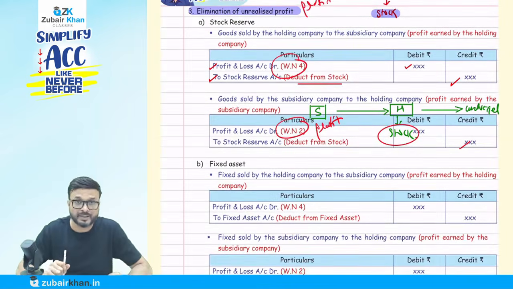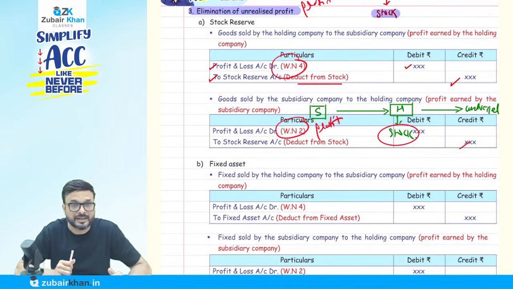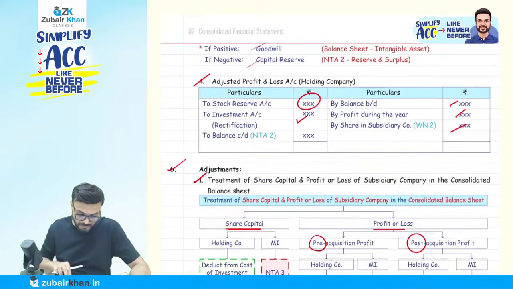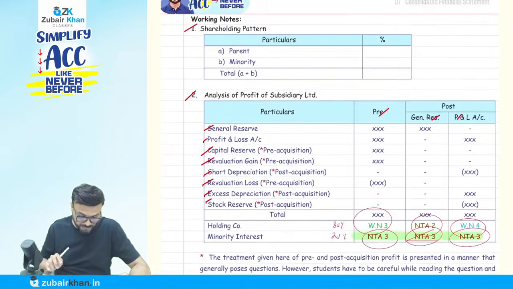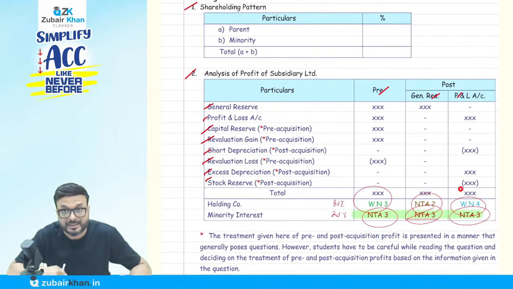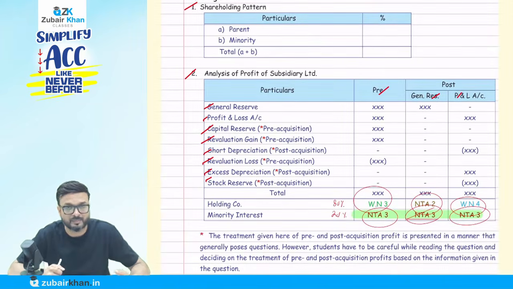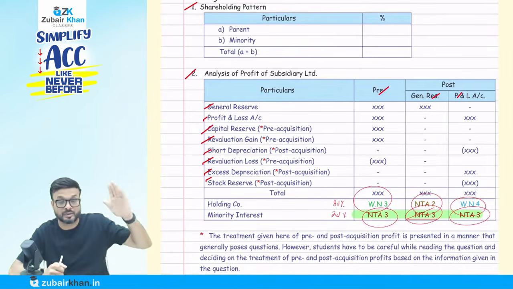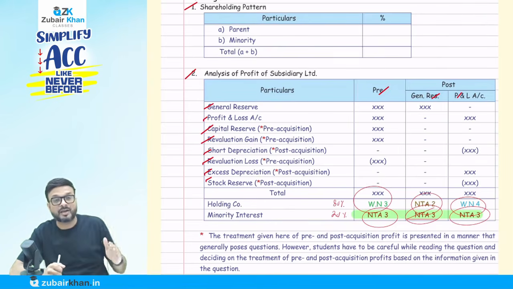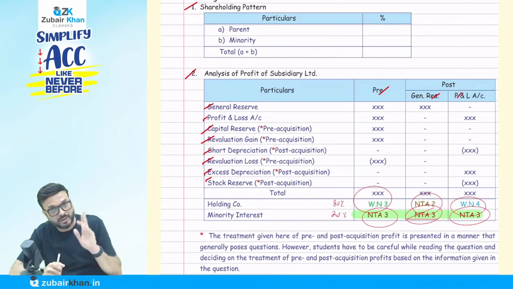But generally people ask where it will come, pre-acquisition or post-acquisition. The stock reserve generally comes in the post-acquisition, not pre. The reason is that, suppose we have done the acquisition at the start of the year, say you acquired the shares on 1st of January with year end on 31st of December.